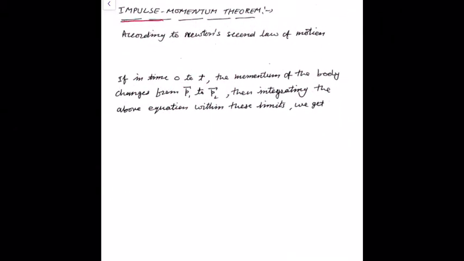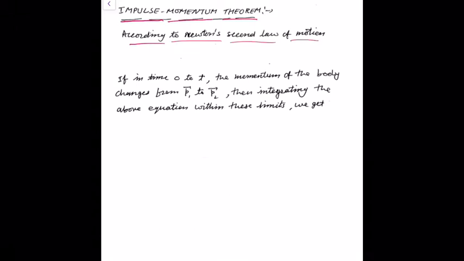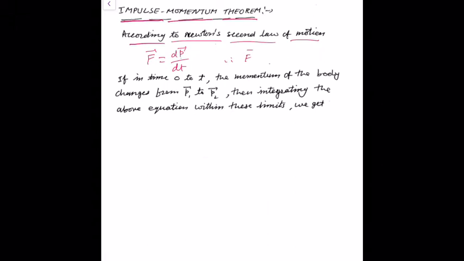Next, impulse momentum theorem. According to Newton's second law of motion, F vector is equal to dp vector upon dt. Therefore, F vector into dt is equal to dp vector.